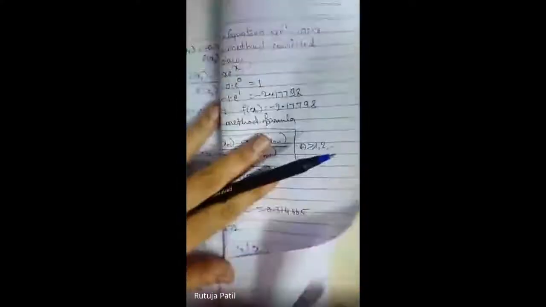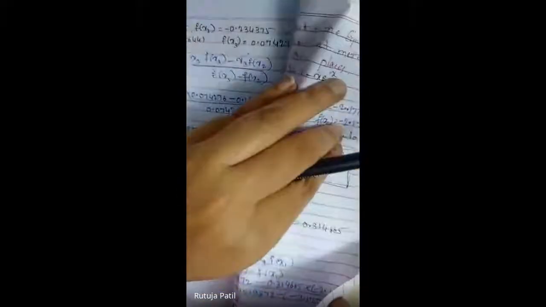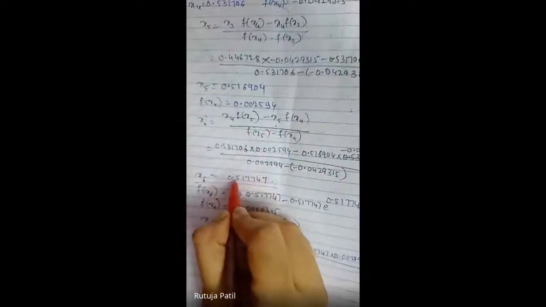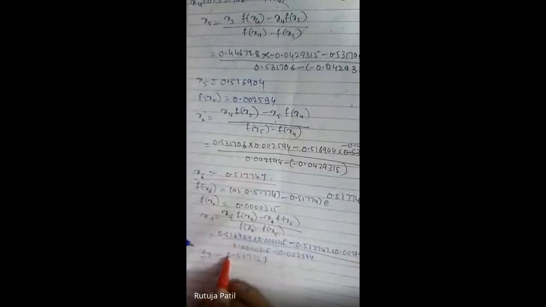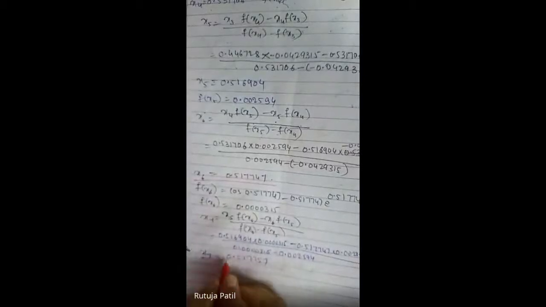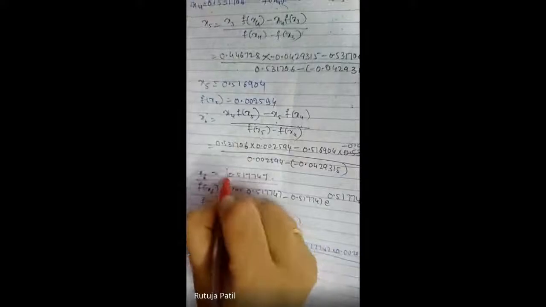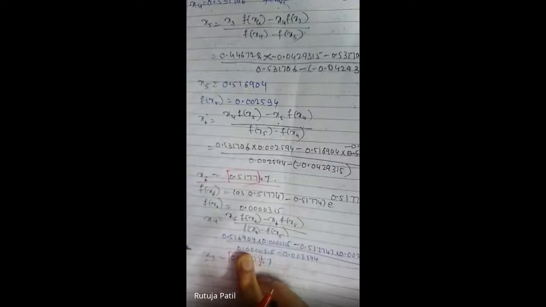Now you can see here, x6 we got as this value, x7 we got as this value. What have they told? After the decimal point, correct up to 4 decimal places. So x6 is 0.5177, and here also 0.5177. So after the decimal, 4 digits are the same for the last 2 iterations, that is x6 and x7.